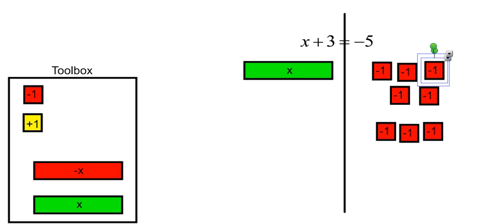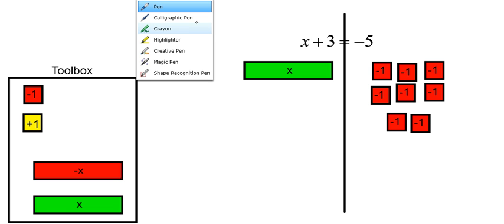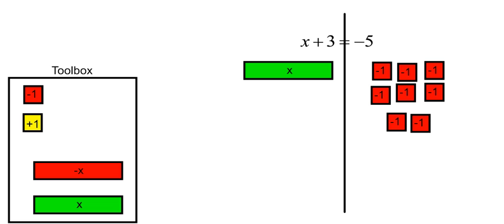We have 1, 2, 3, 4, 5, 6, 7, 8 negative integer tiles, which means that our final answer for this problem is x equals -8. There's our final answer.